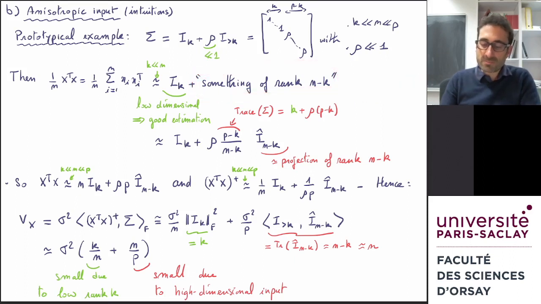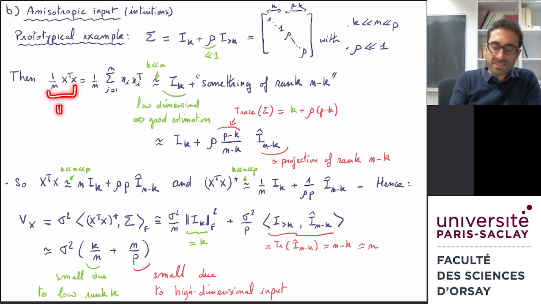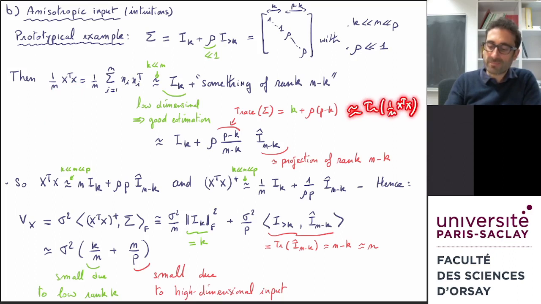So to understand this proportional factor, what you will do is look at the trace of sigma. So if I look at the trace of sigma, what do I have? Here I have k, which corresponds to this k term here, and here I have rho multiplied by p minus k. But I remind you that this is sigma hat, okay? So we can expect that this is also essentially equal to the trace of sigma hat, which is nothing but the trace of what we are computing, 1 over n x transpose x.